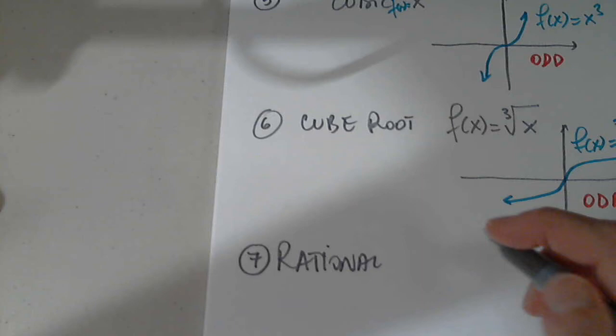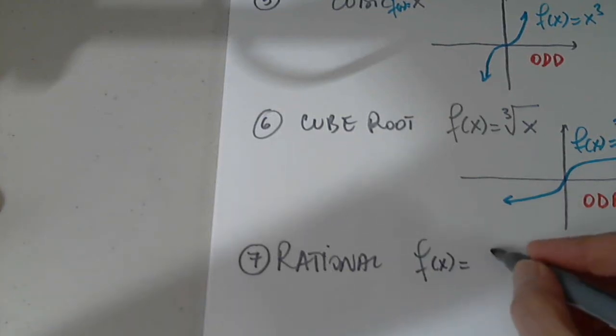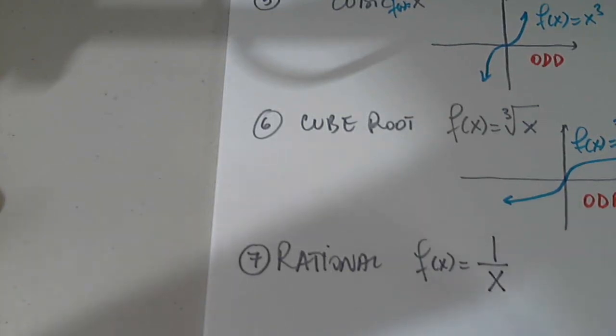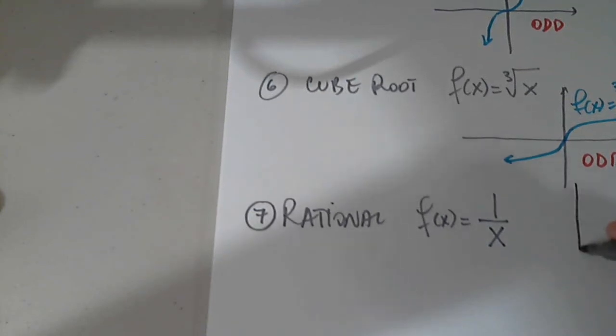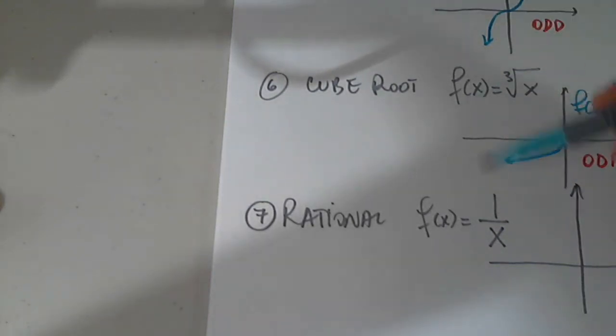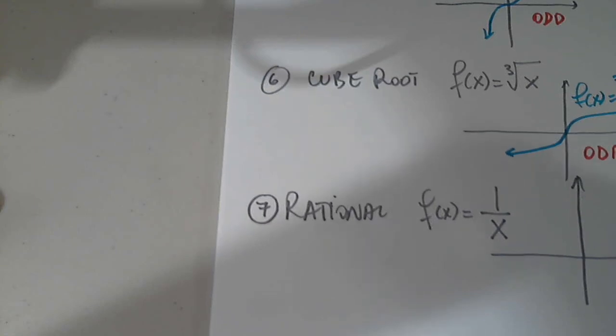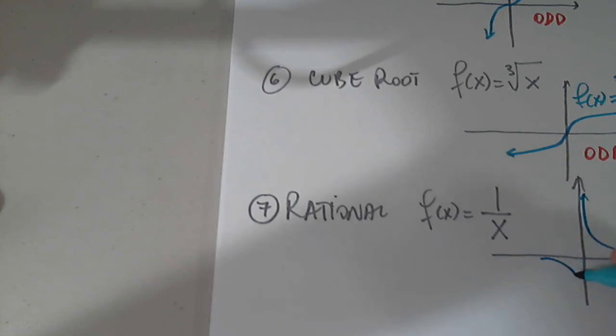Because it's very different. But the simplest possible rational function is 1 over x. That's the simplest possible. The basic one. Here's the graph. We haven't really talked about it. We will extensively both these functions in chapter 3. So here it is. This is the graph of f of x equals 1 over x.